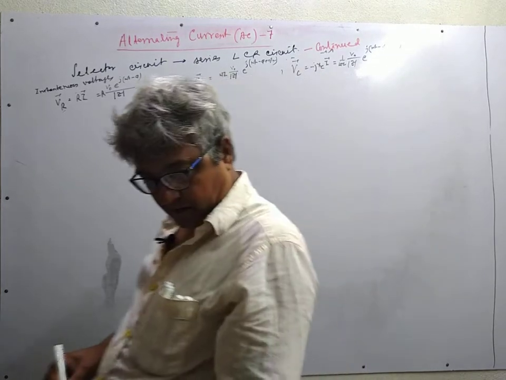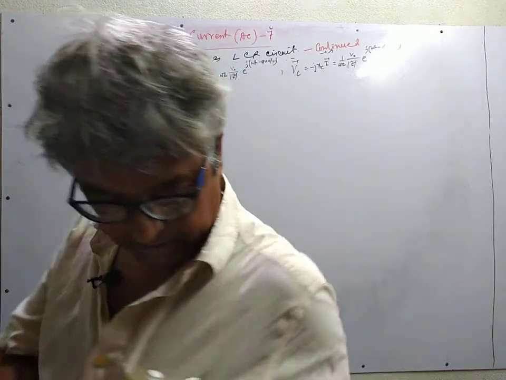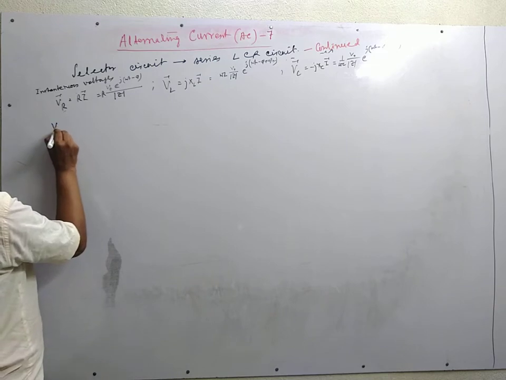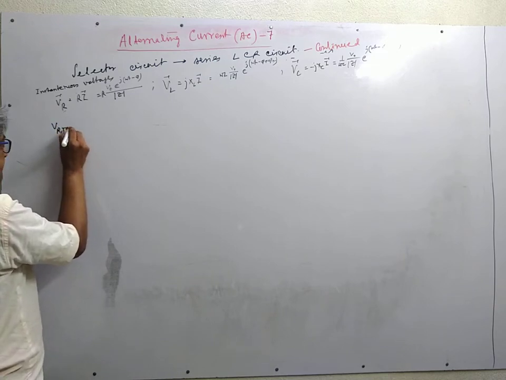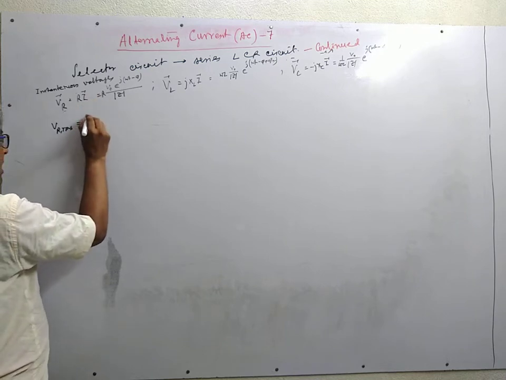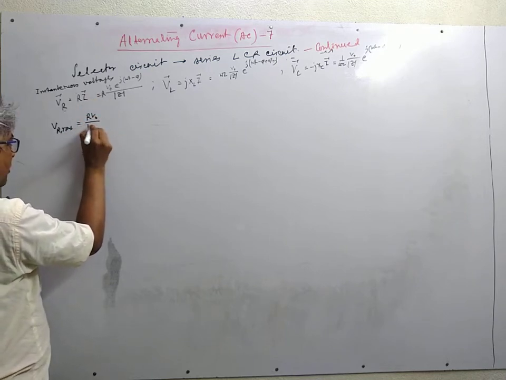If we consider the RMS currents, so VR RMS is simply R V0 by mod Z.